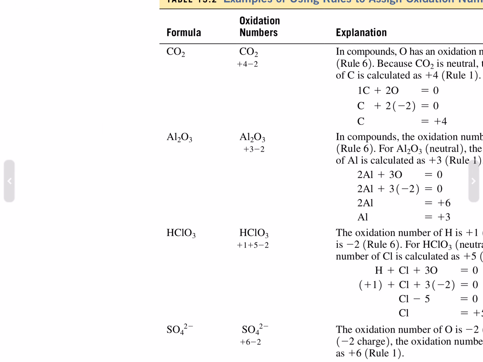For the chloric acid, oxygen is negative 2 each, so that's negative 6. The hydrogen is positive 1, so that becomes negative 5, and the chlorine has to balance a negative 5, so the chlorine has to be positive 5.